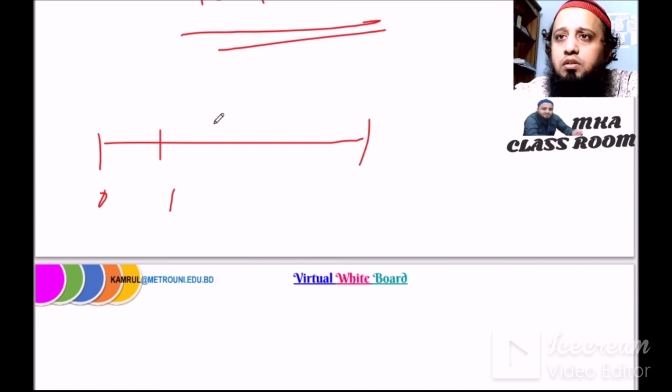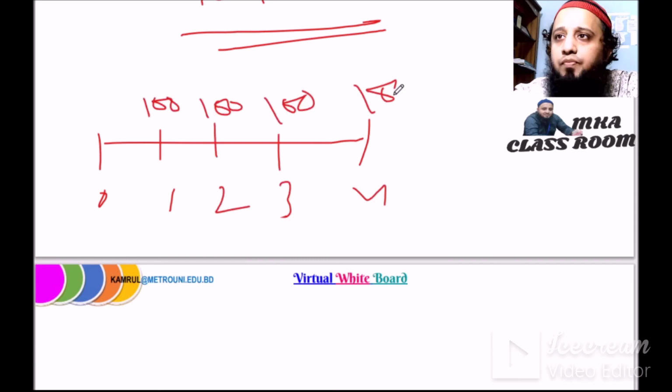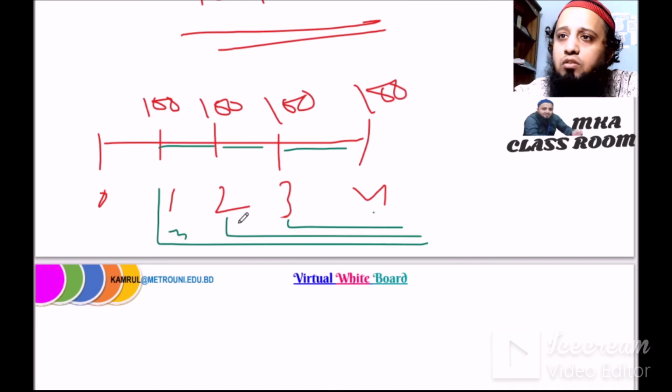100, 100, 100 and 100. If we use our timeline in this way, what will be the value of n? n equal to 1, 2, 3, and this 100 carries 2, 1, 0.